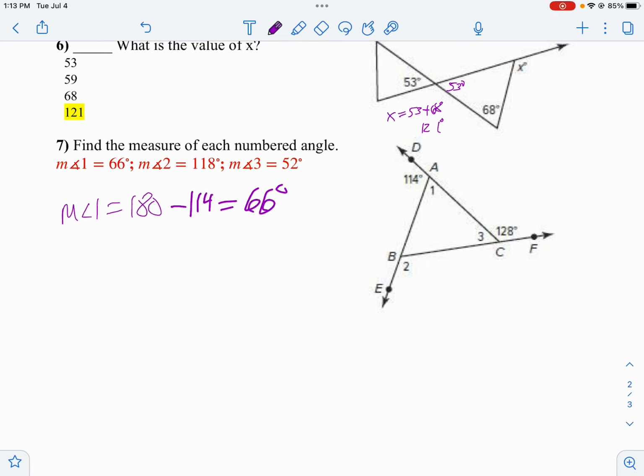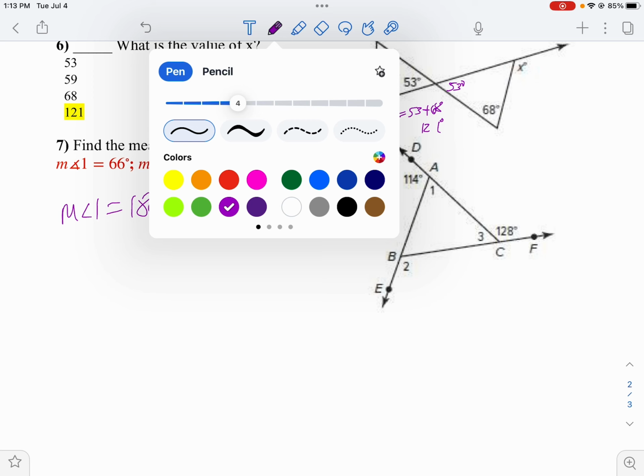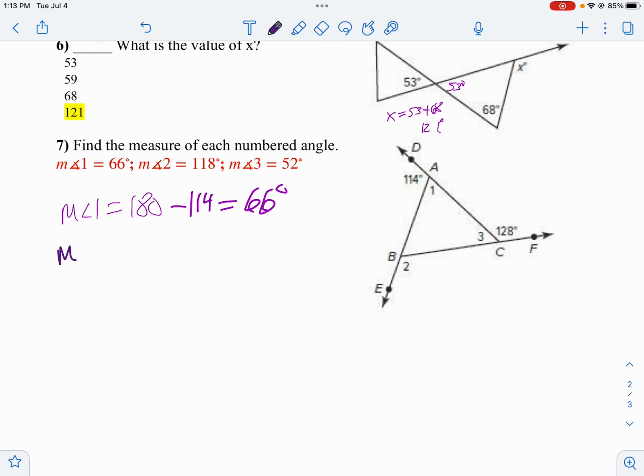I will use that same process to find the measure of angle 3. The measure of angle 3 is going to be 180 minus 128. And 10 minus 8 is 2, and 7 minus 2 is 5. So that's 52 degrees. Let me put that in. 52 degrees here, 66 degrees here.